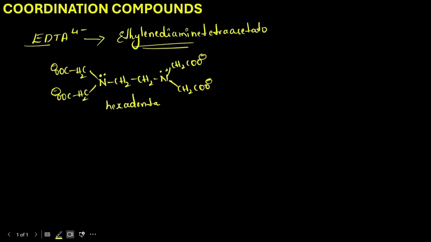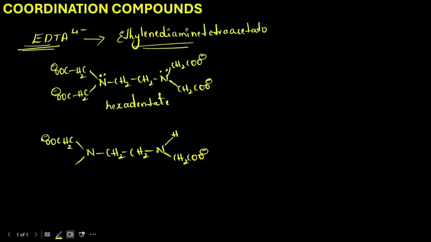Hexadentate ligand. This EDTA can also be a pentadentate ligand. If you write the structure of that, nitrogen, CH2, CH2, here nitrogen, here hydrogen, and here CH2COO minus.